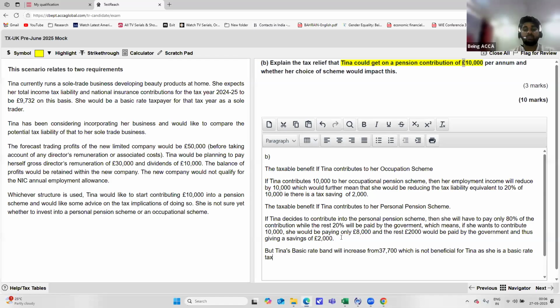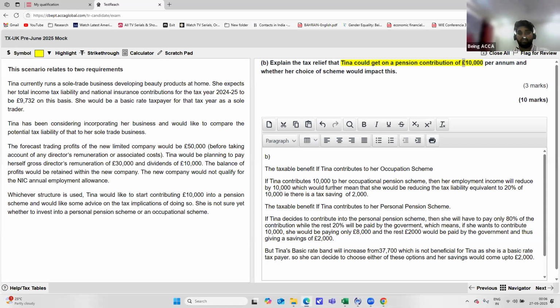She's a basic rate taxpayer. So she can decide to choose either of these options, and her savings would come up to 2,000 pounds. That's it, guys. This is all you have to write and you will get the marks.